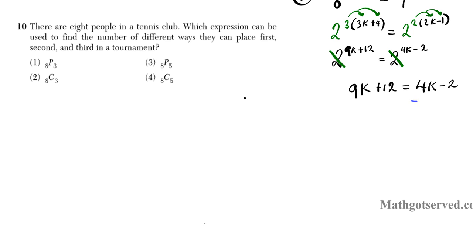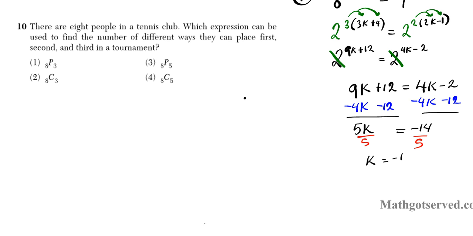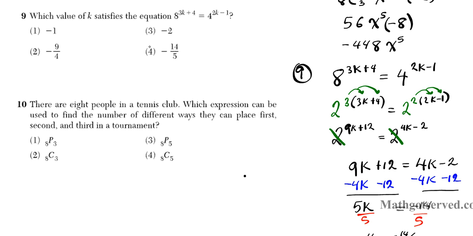To do that, I'm going to subtract 4k from both sides, and subtract 12 from both sides also. So 9k minus 4k is 5k equals, these add up to 0, 4k minus 4k is 0, and this is negative 14. Then divide both sides by 5, and your final answer, k, is negative 14 over 5. So our answer is option number 4.